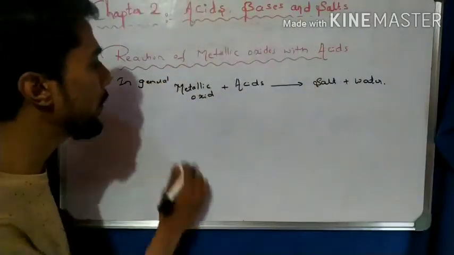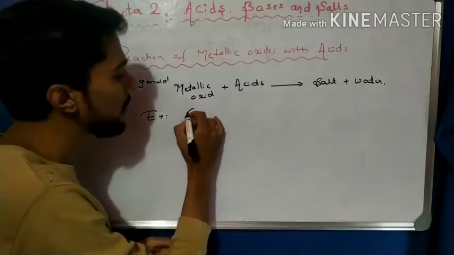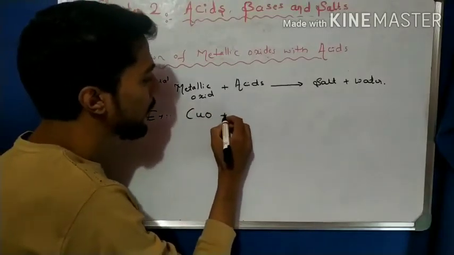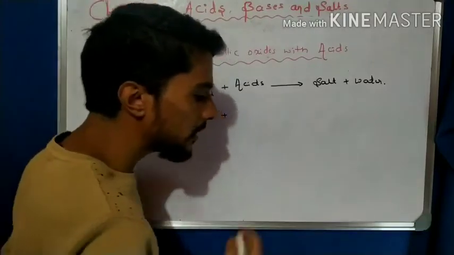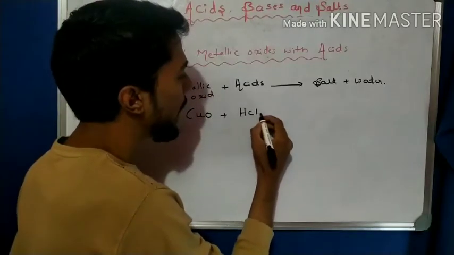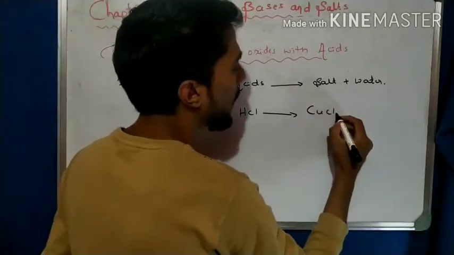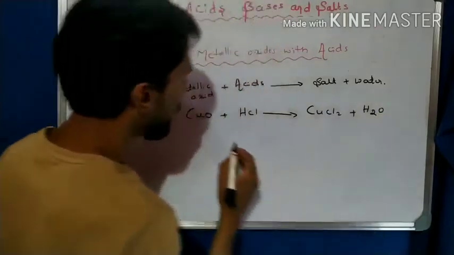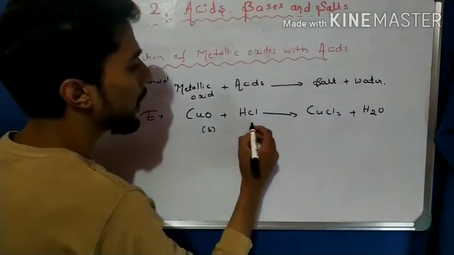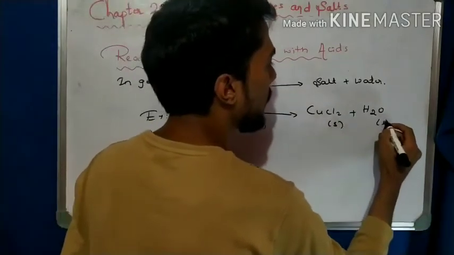So I take one example here. In place of metal oxide, I take copper oxide, plus acid, HCl, hydrochloric acid. So what is the reaction? We get copper chloride and H2O. This is solid and this is aqueous. We get solid copper oxide and liquid water.